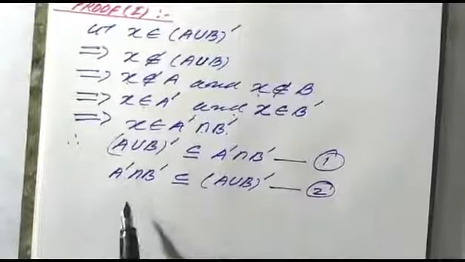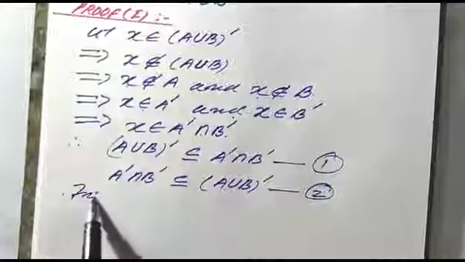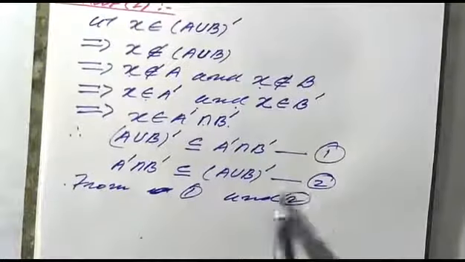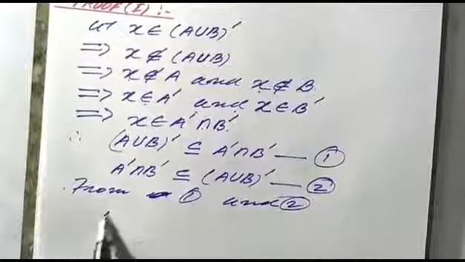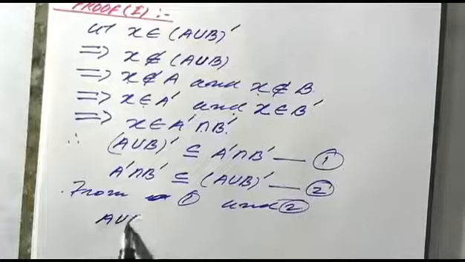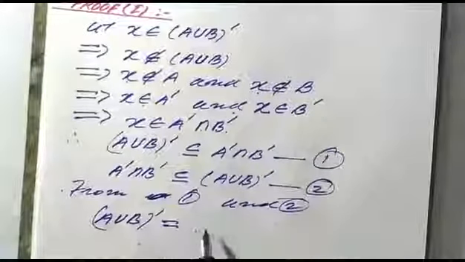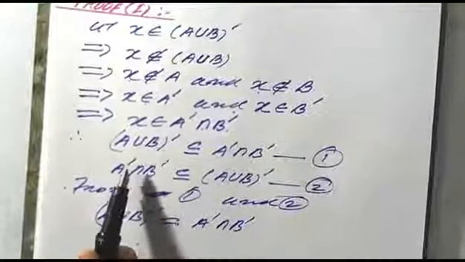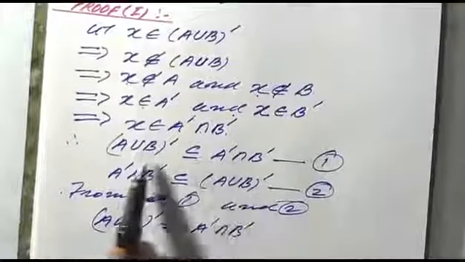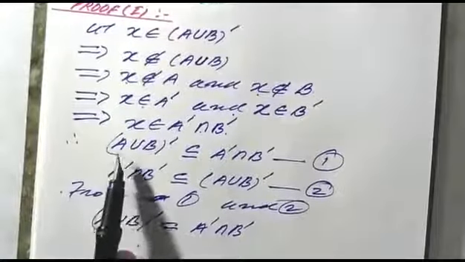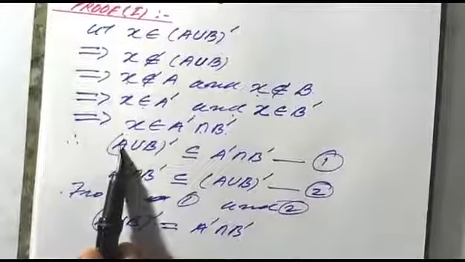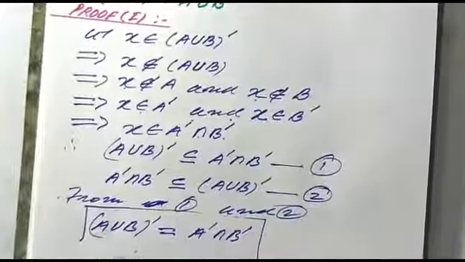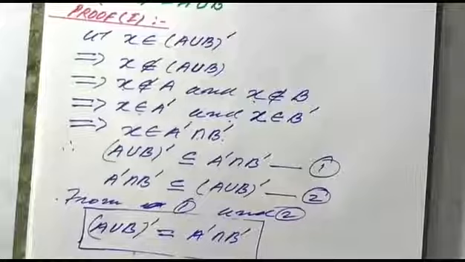Then, comparing equations 1 and 2, (A union B) complement is equal to A complement intersection B complement, because this is only possible when these two sets are equal to each other, that is, this is a subset of that and that is a subset of this. So in this way we have proved the first De Morgan's law, and the second De Morgan's law you should try yourself.